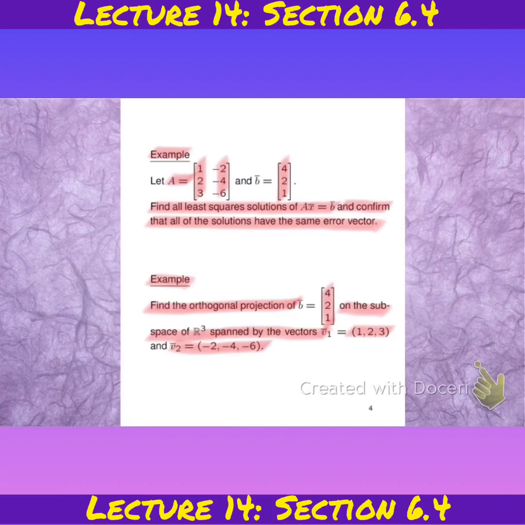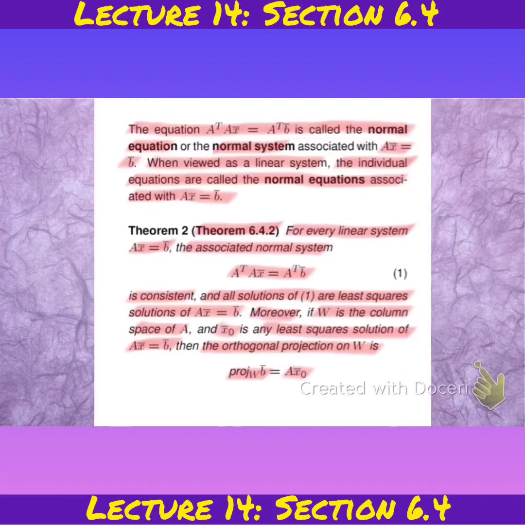That's what we're asked. Now if we go back to the previous theorem, if we look at the least squares solution of the system AX equals B, which we found in the previous question, then we know the projection of B onto the subspace W, where W is the subspace formed by the span of the column space of A, is simply the matrix A multiplied by x0.